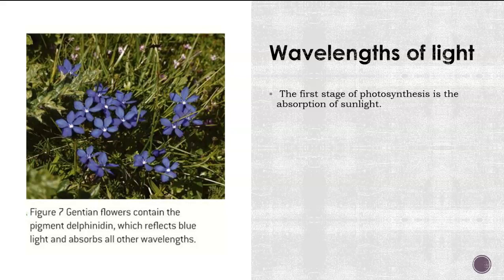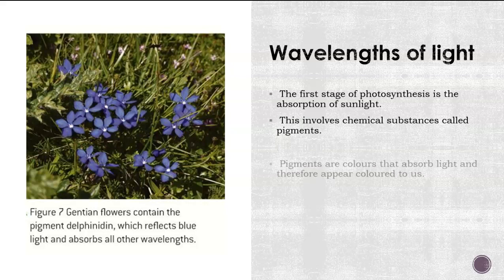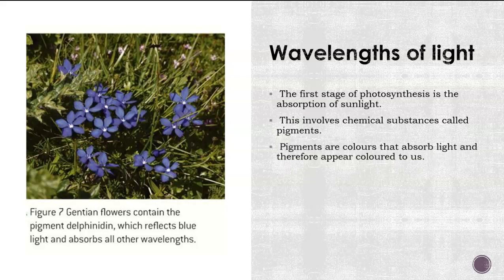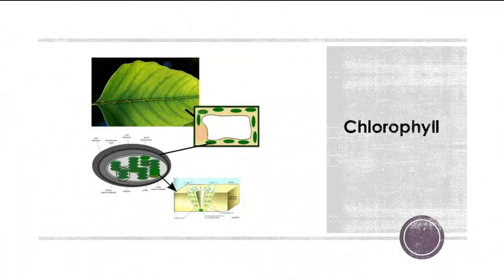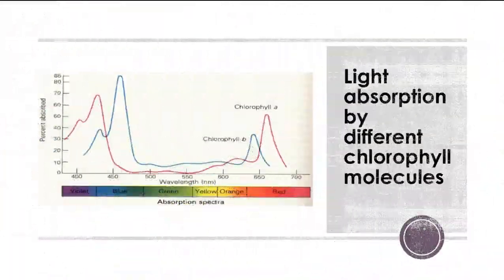So the first stage of photosynthesis is where that absorption of light occurs, and that involves chemical substances that we call pigments. And one of those pigments that you know or have heard a lot about is chlorophyll. Now there are many different pigments in organisms that absorb light, but as I say, chlorophyll is the one that you know lots and lots about, found inside the chloroplasts, and we will be looking further into the chloroplasts either later in this unit or in topic 9.